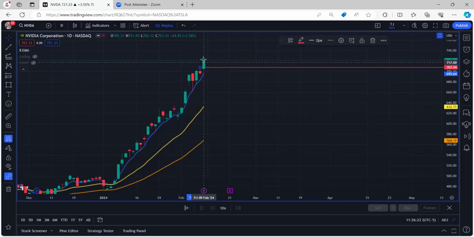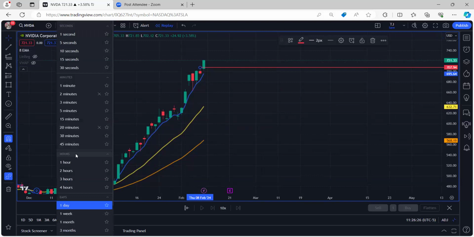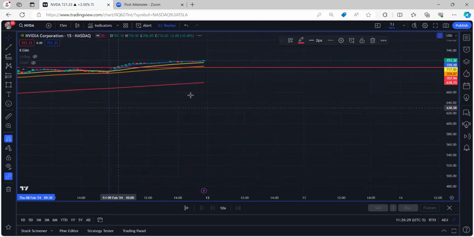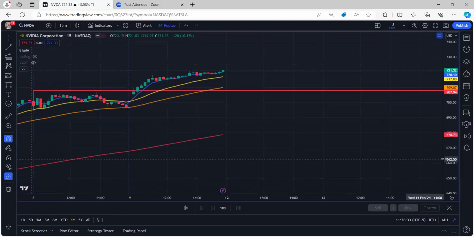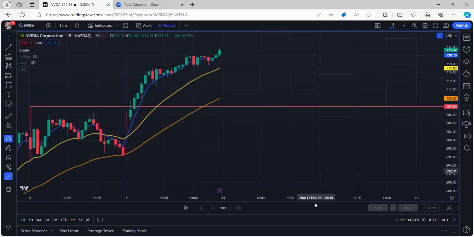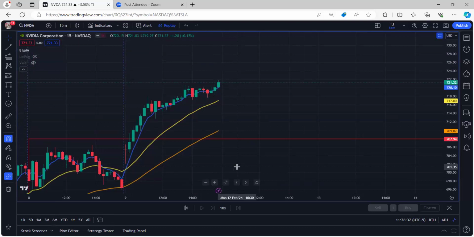Absolutely. We're here at 21, we might come back down there. So when Monday comes, that's what I'm going to be on, that 15-minute. I'm going to have my bias on where I think price should want to come to. And then it's either going to follow the rules or not.